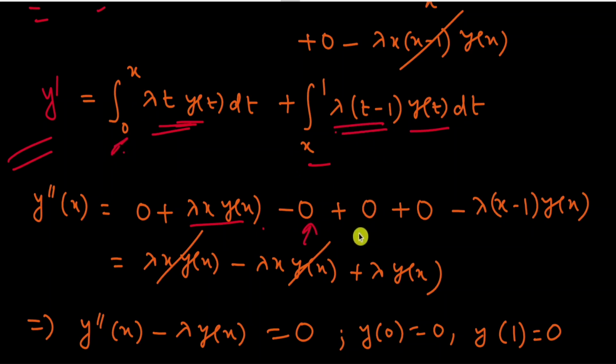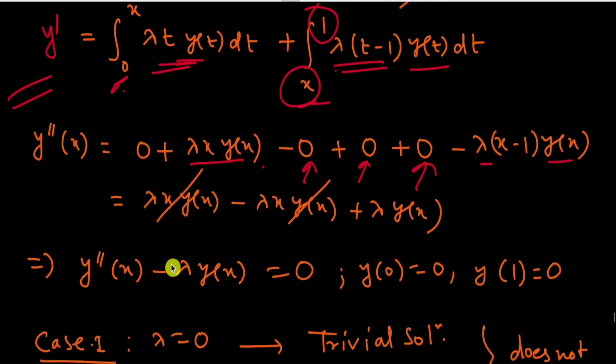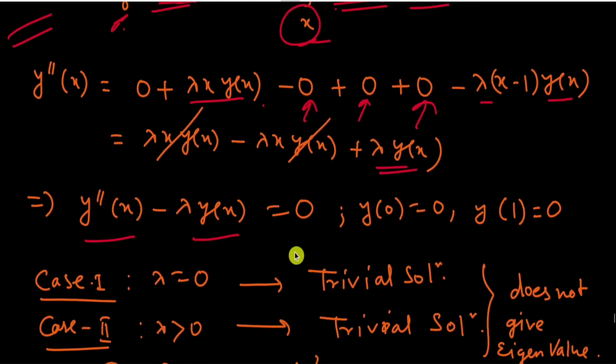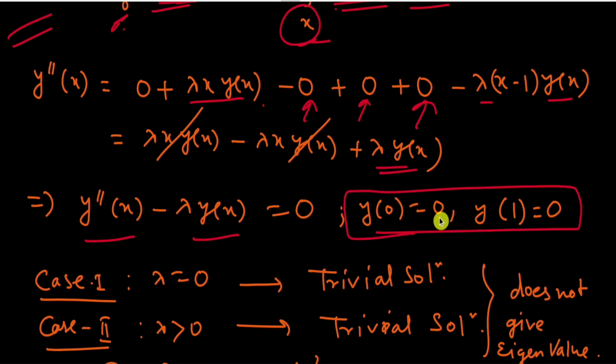Here also there is no x, so the partial derivative with respect to x gives 0, since the upper limit is constant, so this also gives 0, and since here the lower limit is the only variable, this gives lambda into x minus 1 into y x. So this gives y double dash x minus lambda y x equal to 0, and we already have these two conditions.